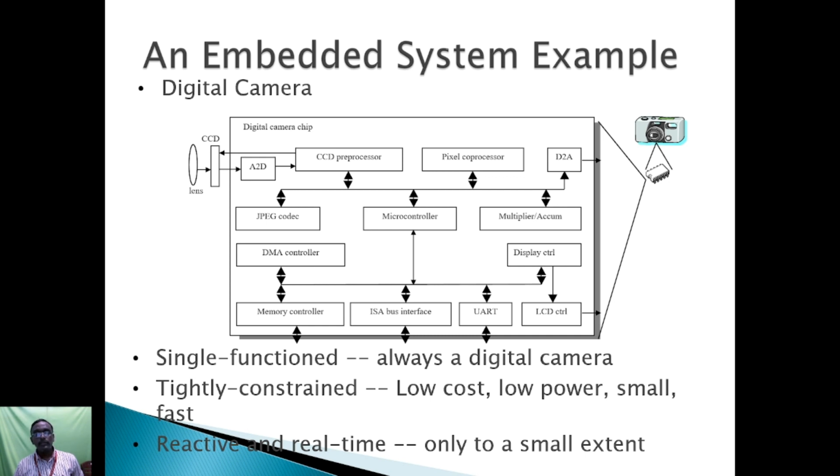DMA means direct memory access, so it accesses the memory directly without the interference of the microcontroller. Then the ISA bus interface, and UART, which is universal asynchronous receiver transmitter. Next is display control and LCD control. The last one is digital to analog conversion, which converts digital data to analog data.